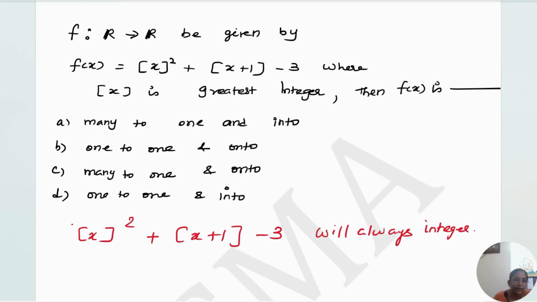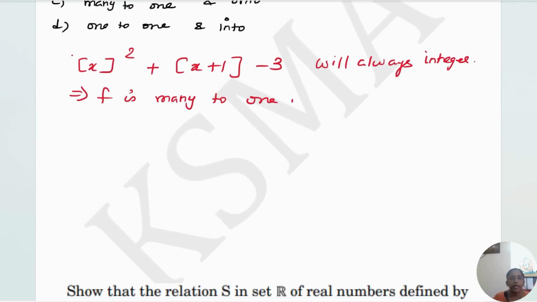So we can say our function f is many to 1. And similarly, if you consider the codomain value, the codomain is mapped with at most one element in the domain. That is, you can say like this.